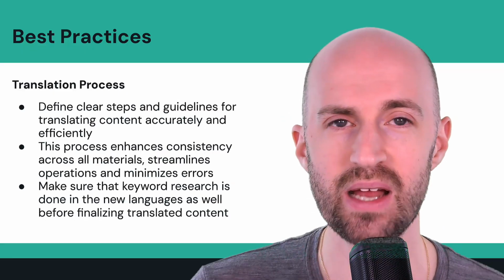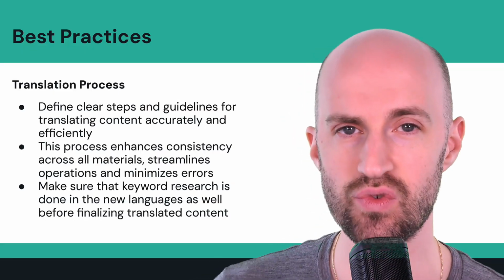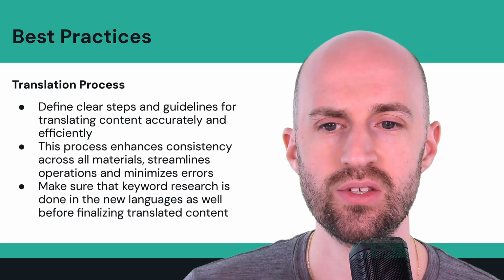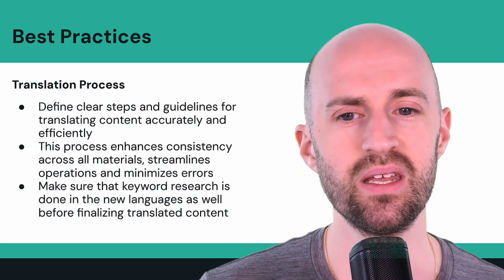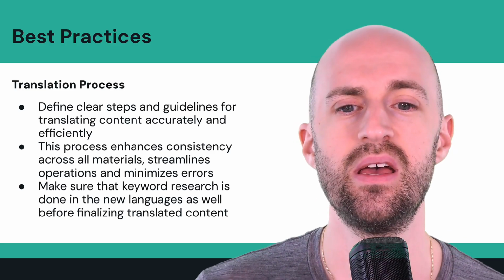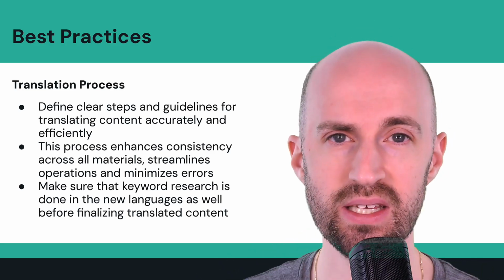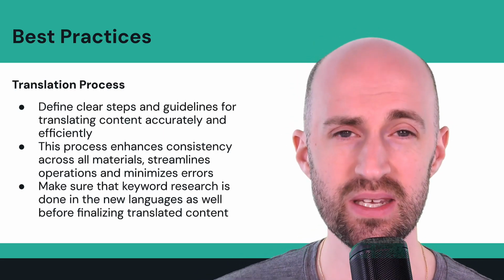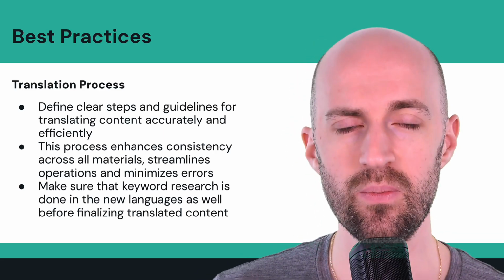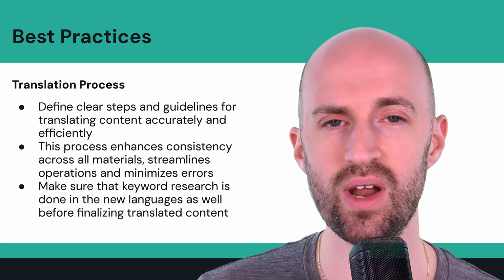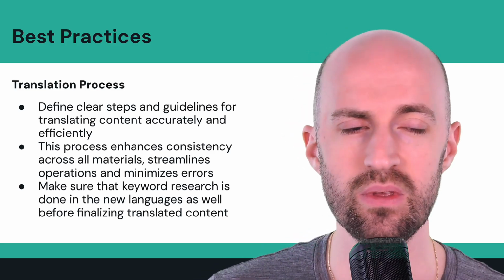So some of the best practices around content translation start with the actual process. The first thing to do is to define clear steps and guidelines for translating your content accurately and efficiently. It depends on what your requirements are as a company. As a business, you might have certain requirements as to the tone of voice, as to using certain phrases, things like that.